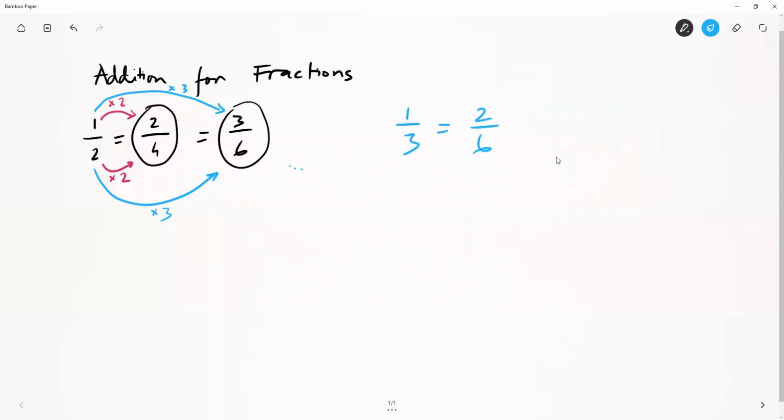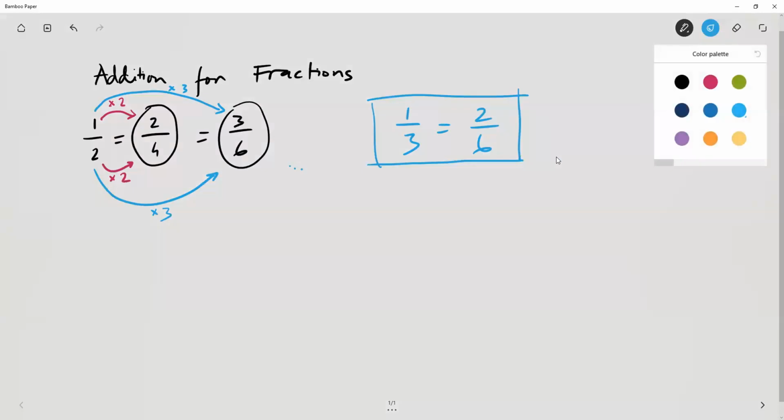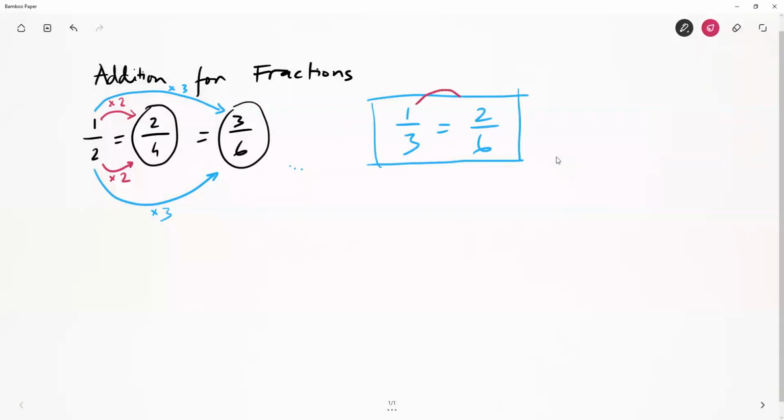We ask the same question: how can this kid prove that 1/3 equals 2 on 6? Of course, the first answer they would give is, okay, we got 1 to 2 by multiplying this by 2, and from 3 to 6 we multiplied by 2 also, so we got 2 on 6.